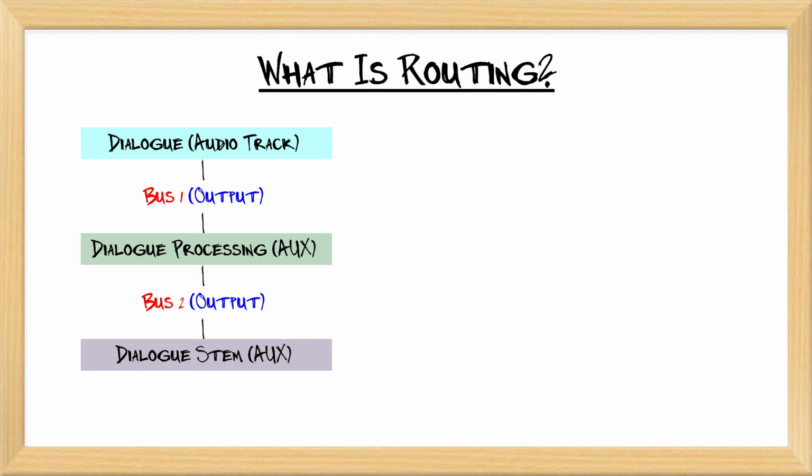Then I am going out of dialogue processing aux with bus 2 into dialogue stem. So remember, I, O, in, out, that's all I'm doing. The bus paths are literally just paths I've created so I could make this routing on my own.